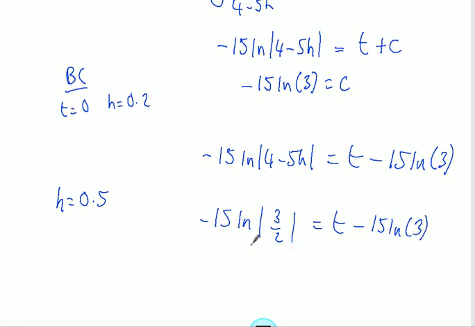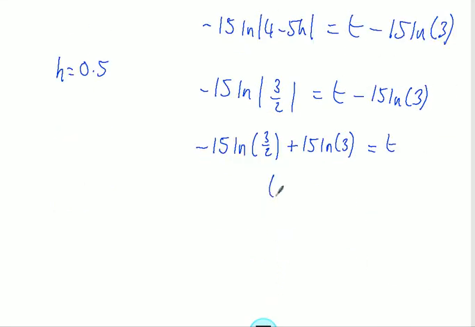And then if we just tidy this up ever so slightly, so add this and then add that together, so that will give us t is in fact 15 ln 2.